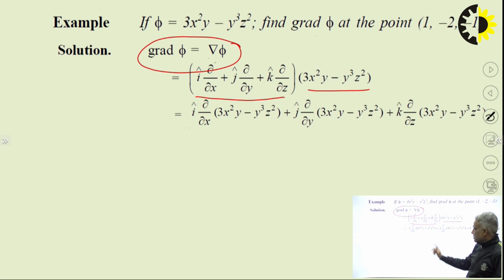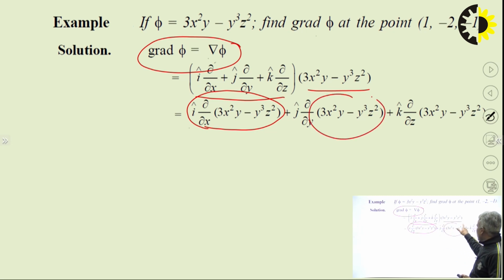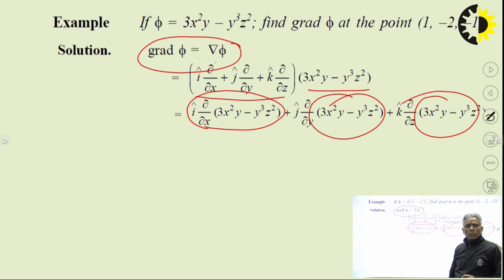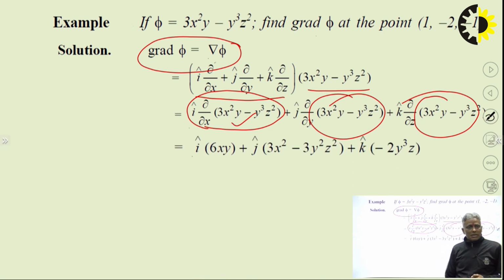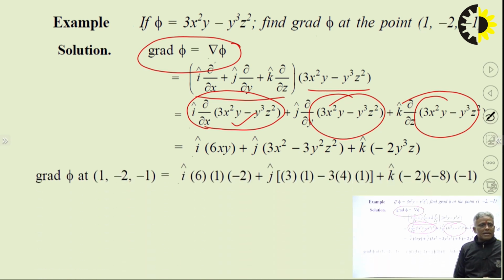First of all, in the place of phi, I write the differentiation of phi with respect to x, the differentiation of phi with respect to y, and the differentiation of phi with respect to z. So what will be the conclusion here? Differentiating this function with respect to x gives 3 to the 6xy, and this is 0, and this is 3 to the 6xy. So the result will be this with the help of these components.